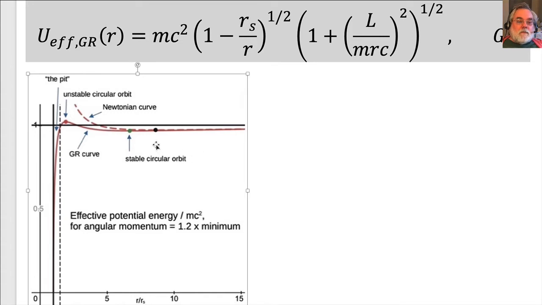The black dot shows the minimum of the Newtonian curve, which is the radius and energy of the circular orbit for this angular momentum.